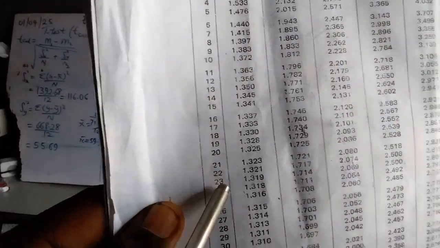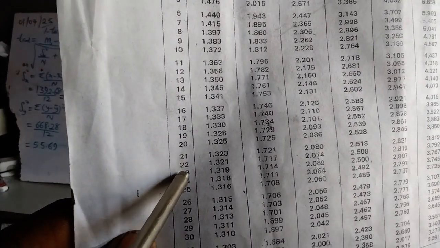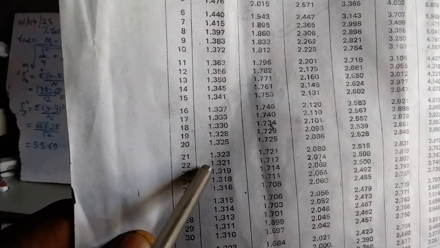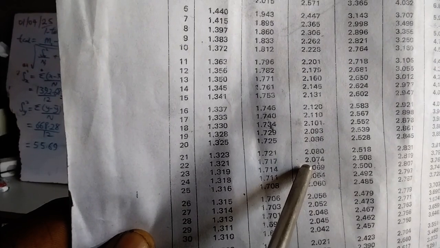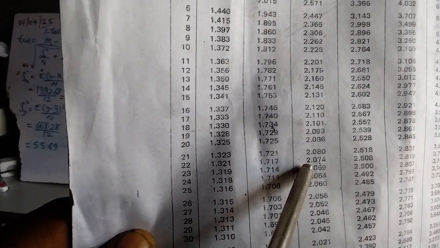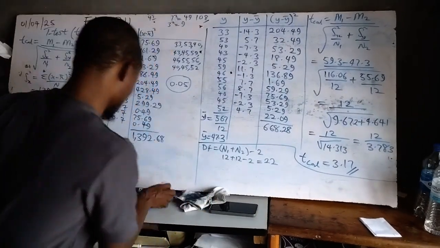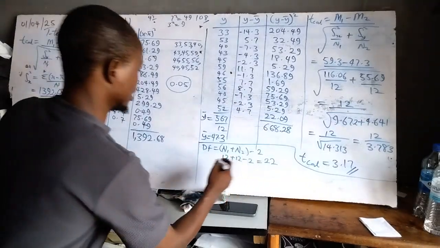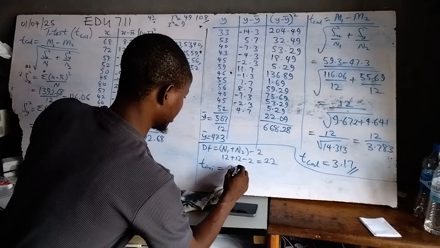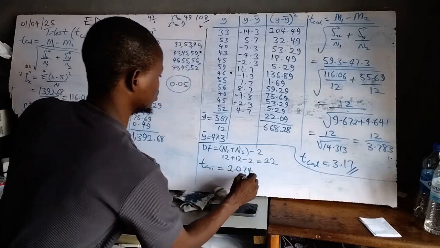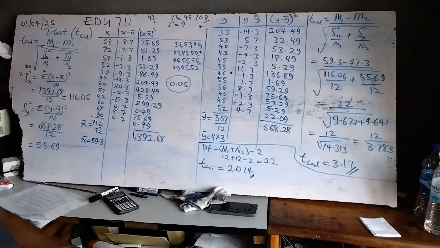So let's just go to 22 and see what is there in the fourth column. This is 22, this is column 1, column 2, column 3 and column 4. That is 2.074. So 2.074 means our T critical is equal to 2.074.